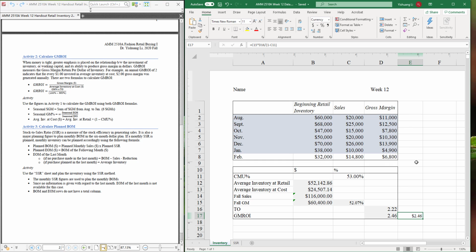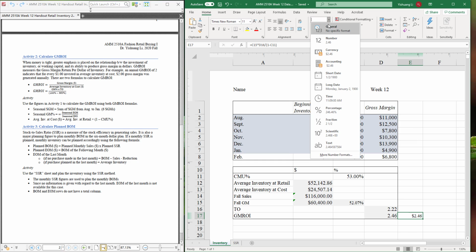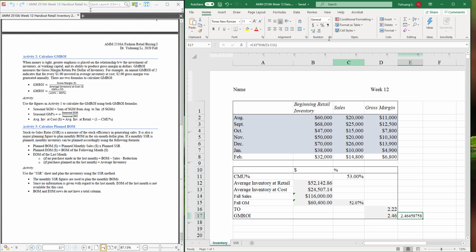And this is also a non-dollar, non-percentage number, so we are getting rid of the dollar sign. So the two numbers here are the same, which means that we probably got the correct answer.